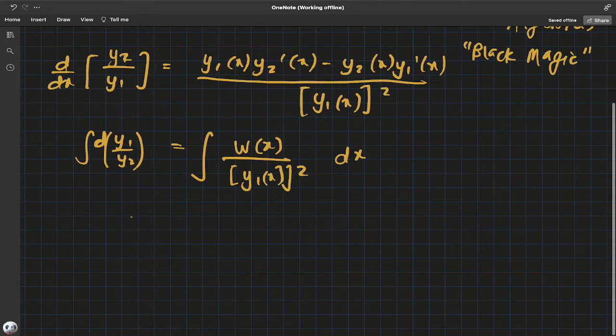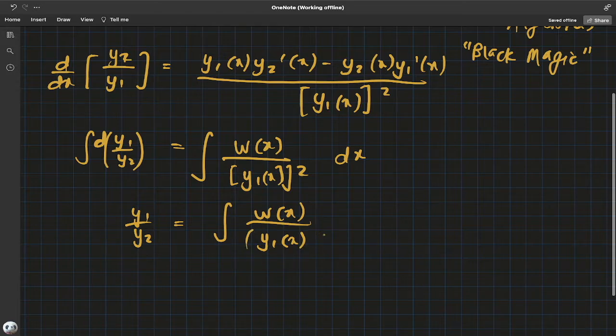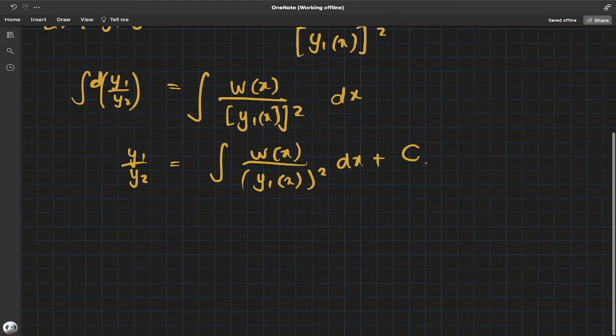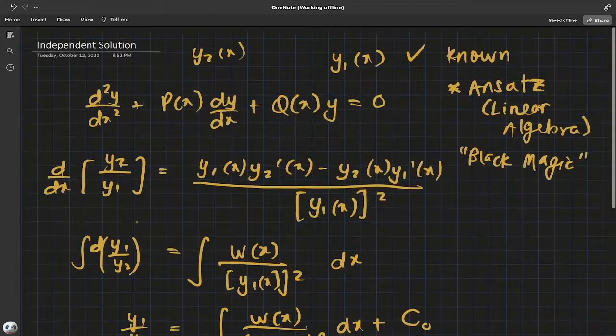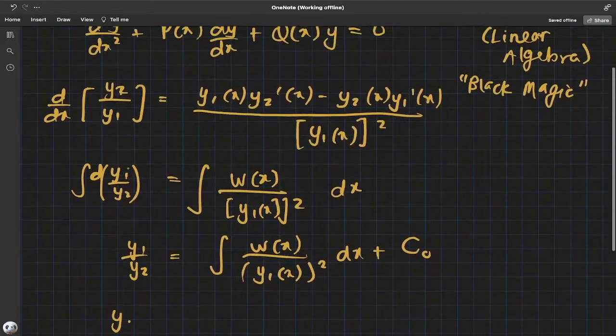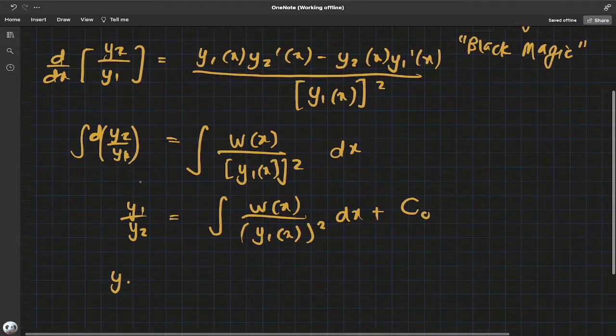After evaluating this integral, we have y2 over y1 equal to the integral of the Wronskian over y1 of x squared dx, plus some constant of integration, which you have to account for. Let's call this c0. I'm sorry, there should be y2 here and y1 down. I messed up the order.